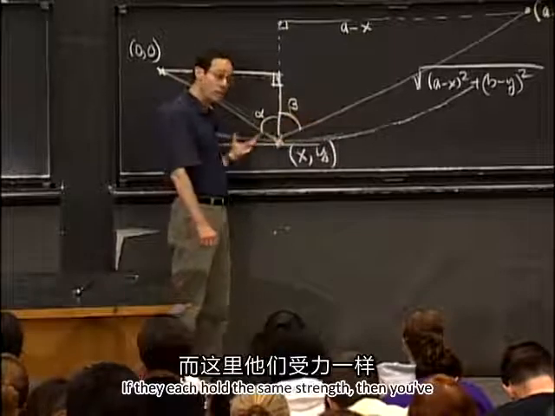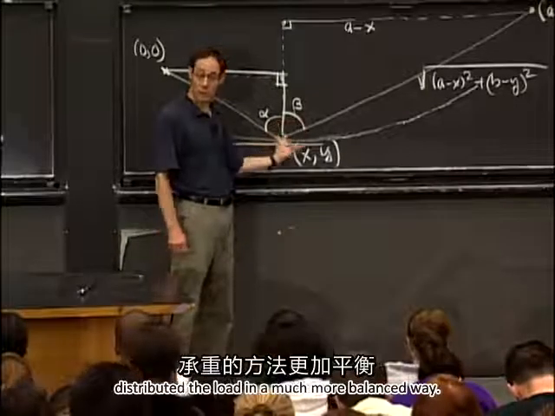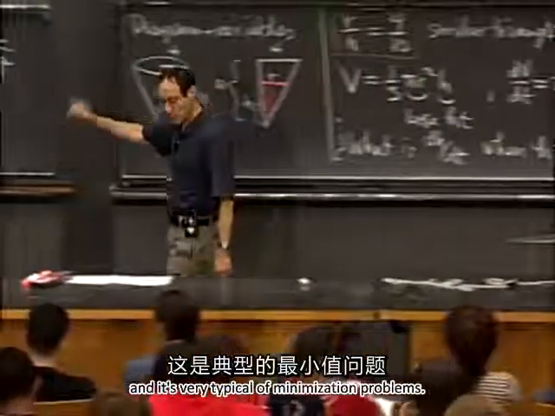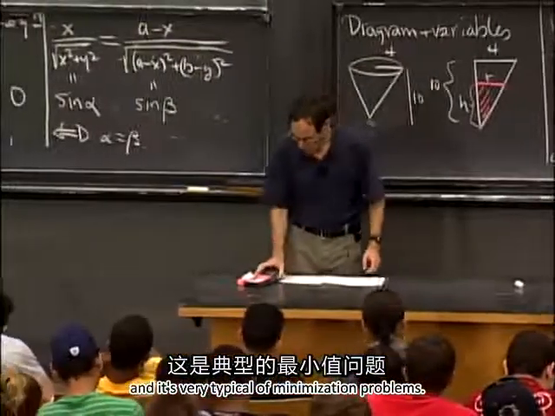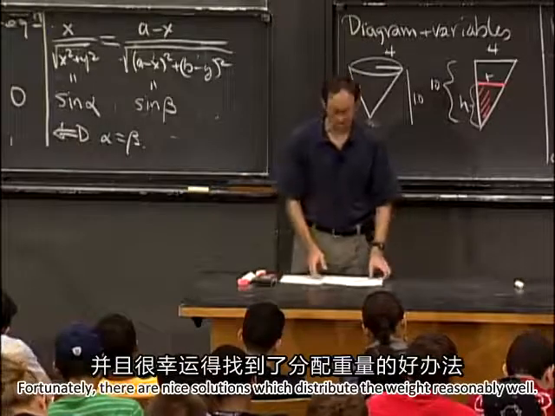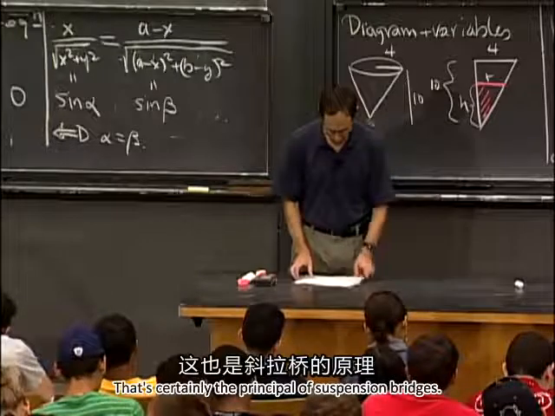If they each hold the same strength, then you've distributed the load in a much more balanced way. So this is a kind of balance condition, and it's very typical of minimization problems. And fortunately, there are nice solutions which distribute the weight reasonably well. And that's certainly the principle of suspension bridges.